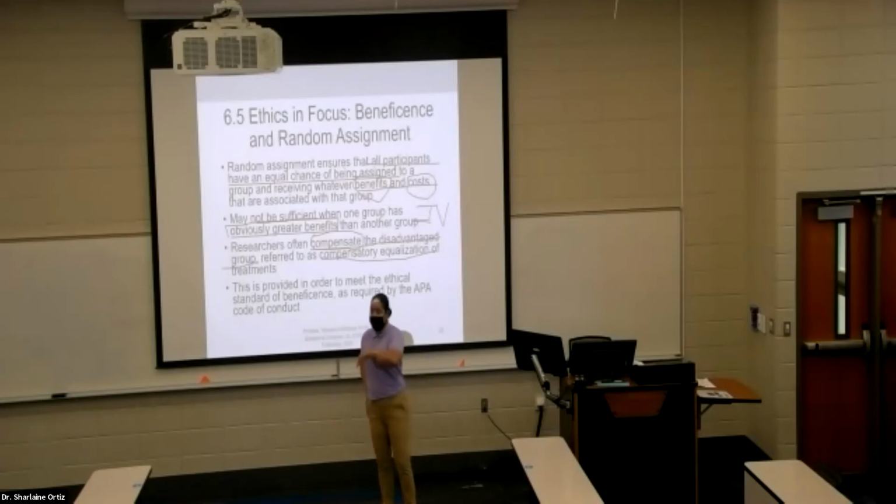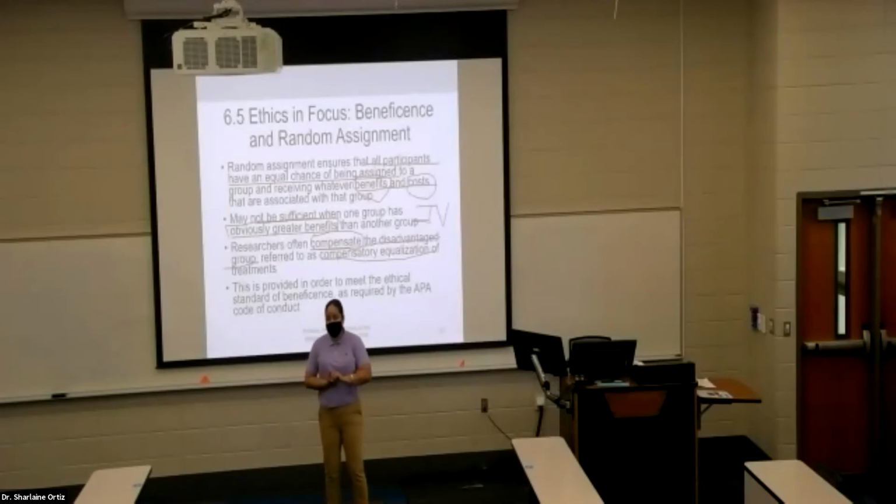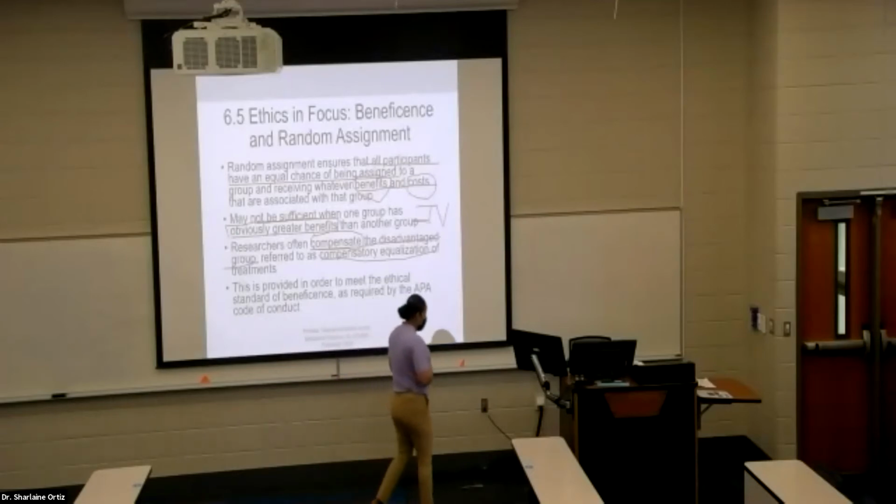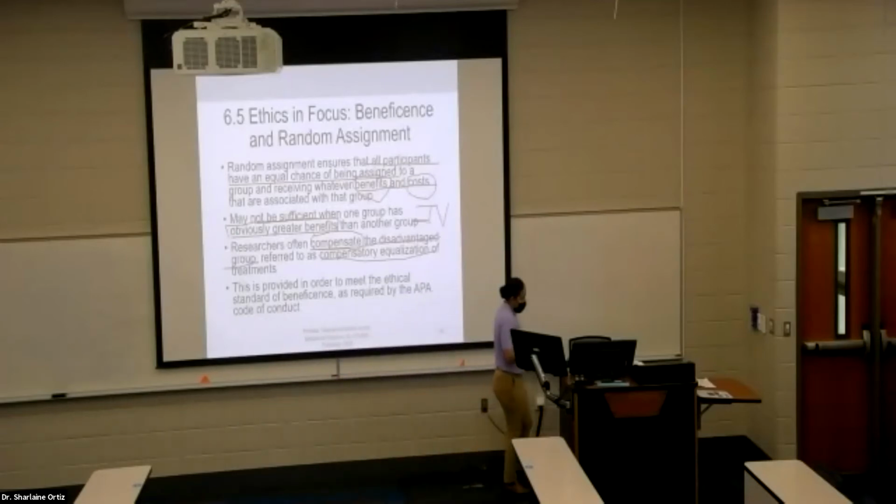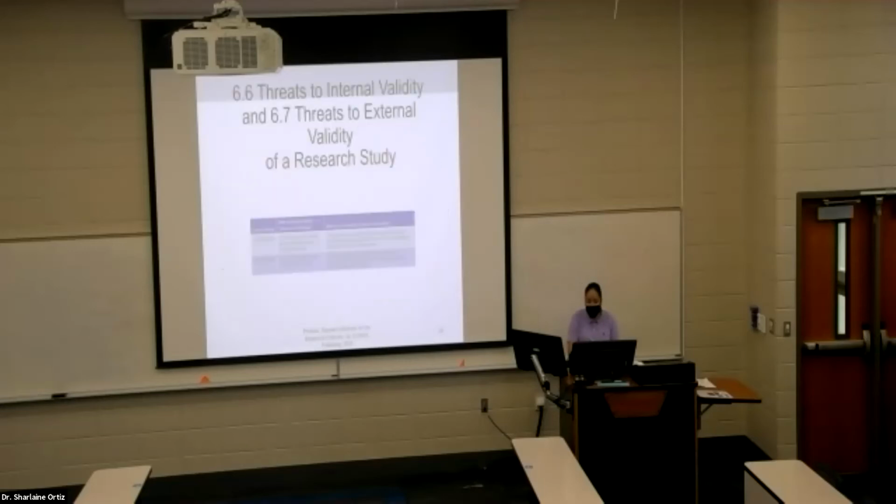So for instance, X medication that we already know has an impact on depression. So notice that it's not equal, but we're trying to level that field ethically. Any questions about the risk or cost associated with random assignment? Good deal.